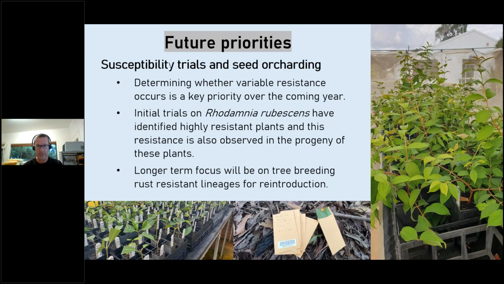Also, that resistance has been observed in the progeny of those plants, so that we know that those traits are being passed on. So in the longer term, our focus is to try and look at whether or not we can use tree breeding approaches to try and transfer some of those rust-resistant traits into locally adapted populations for eventual reintroduction.